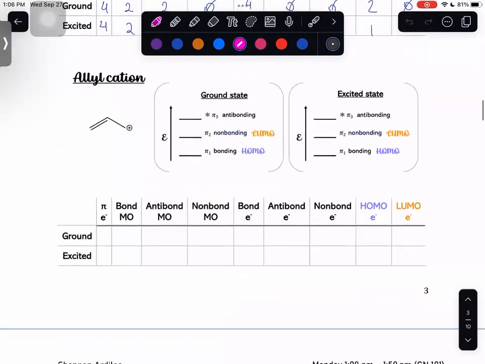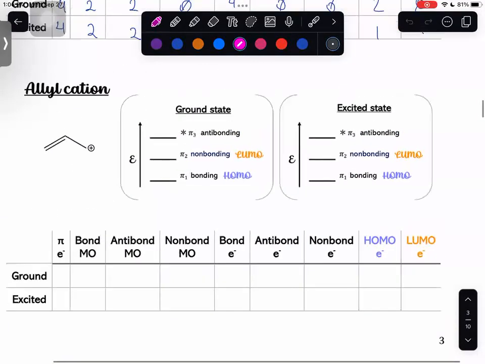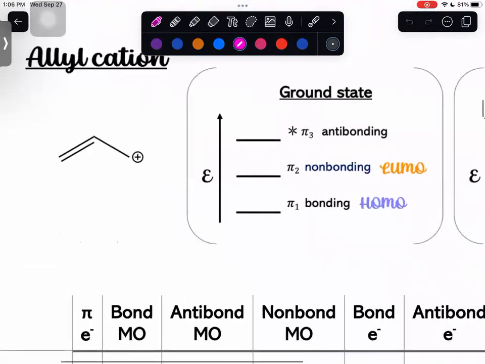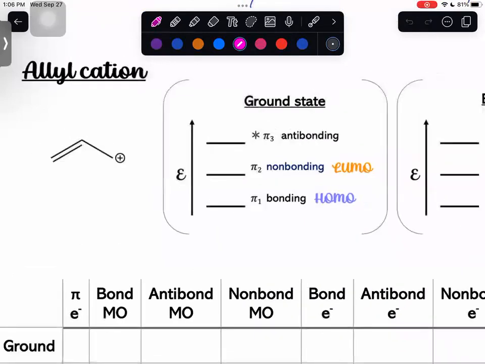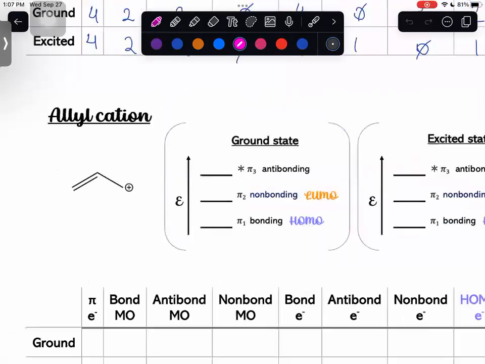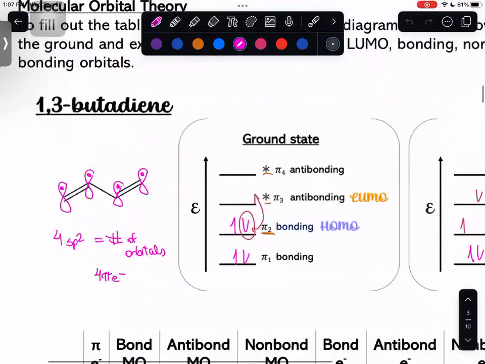Okay, but let's apply the theory into the next problem, which is going to be with a little cation. Okay, so first of all, remember, those unoccupied, everything is sp2 in this molecule.